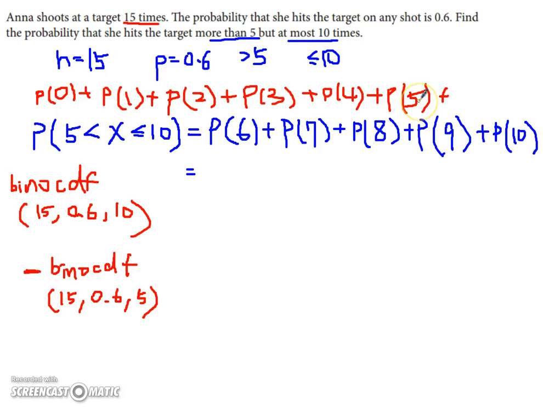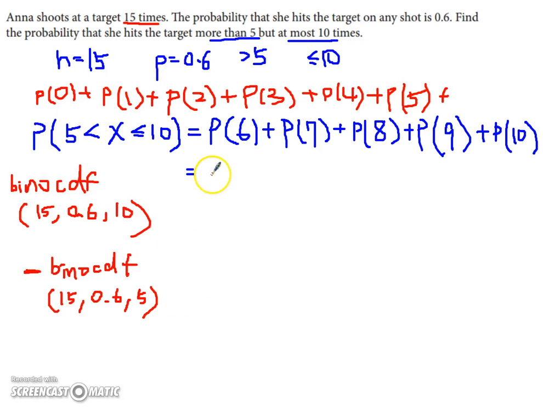Because we must have something that's more than 5, so 5 cannot be in it. If it were more than or equal to 5, then the 5 would be there. So be careful with inequalities. Make sure you understand the context of the problem.